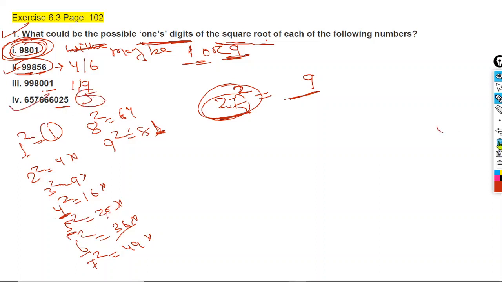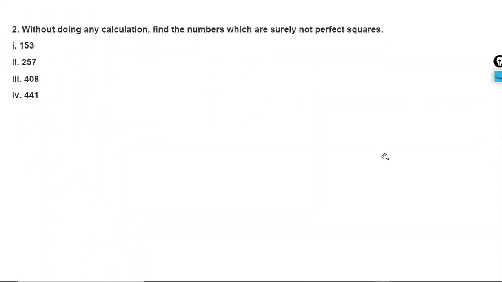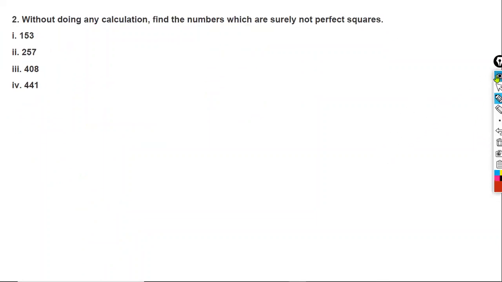Now we'll move to question number 2. Without doing any calculation, find the numbers which are surely not perfect squares. You can see in this number the unit place is 3.